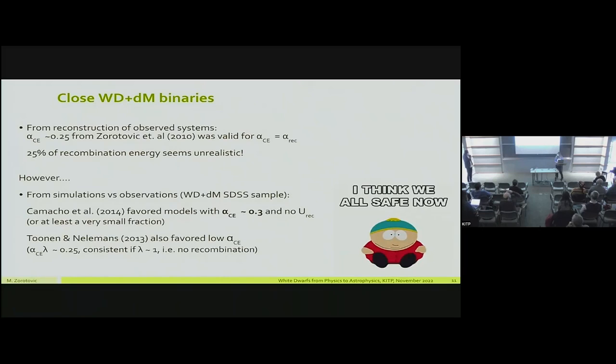But the thing is that, for example, the Camacho et al. paper compared simulations with the observations, because you had a homogeneous sample of like 50 white dwarf M dwarfs. If you have white dwarf AFGK stars from the same survey, but you only have 8, I don't think simulations are still good enough. We are starting, but it's still too few observed systems to really do statistics.